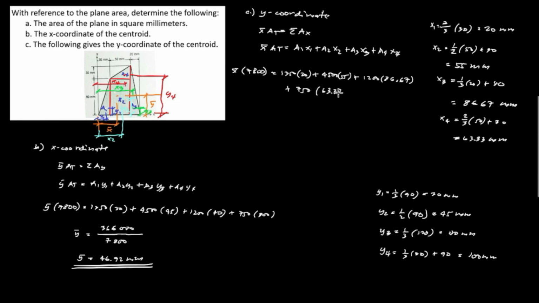The total is 426,001.50, and we divide by 7,800, so x bar is equal to 54.61 millimeter, and this is the value for x bar, 54.61 millimeter, and y bar, which is 46.92 millimeter, and these are the values.